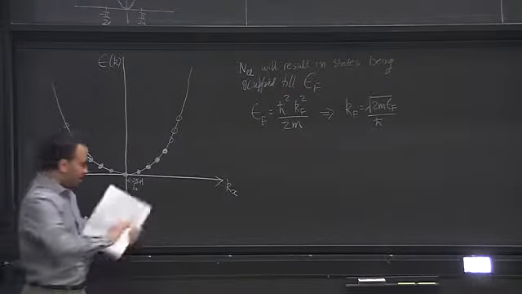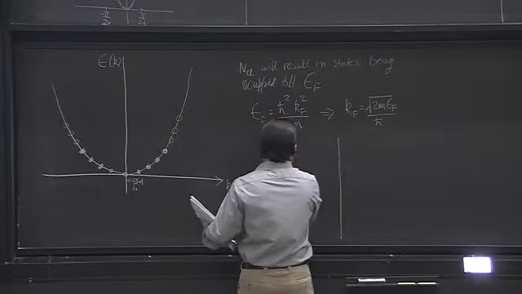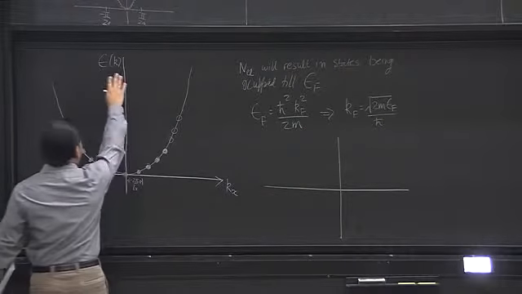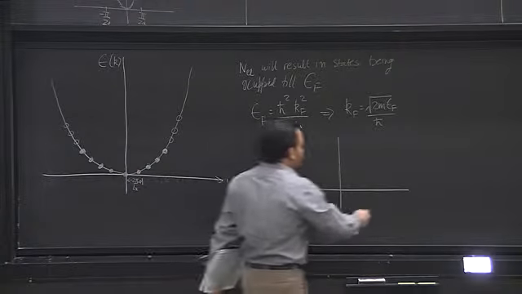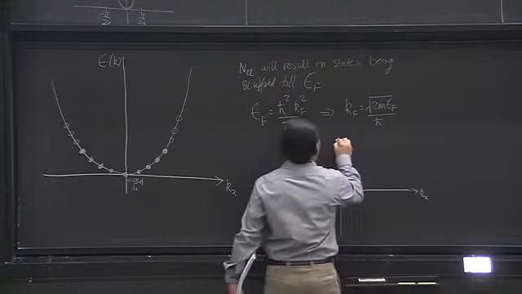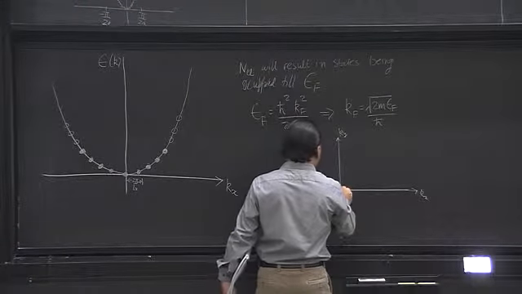Yep, just definitions. Next, we can also look at, now we had epsilon k as a function of kx. What I'm showing in this plot is kx, ky, and again, there will be many states.